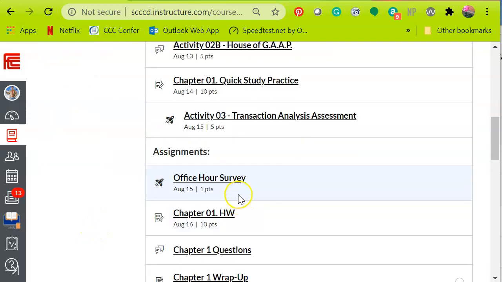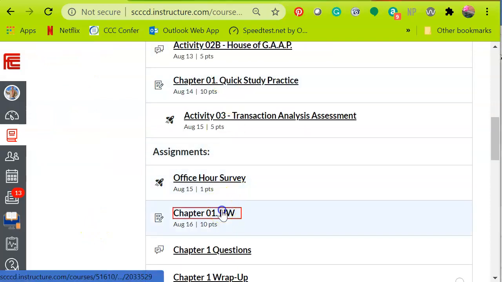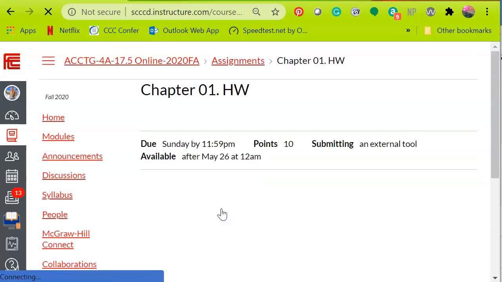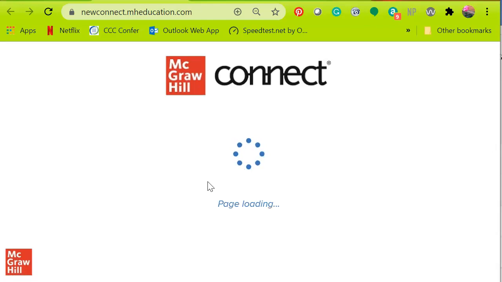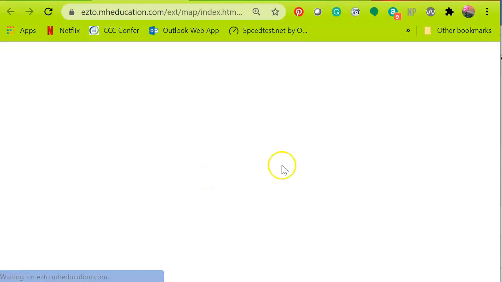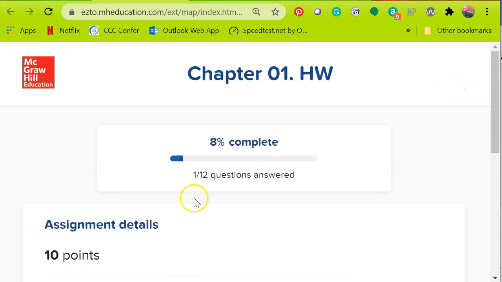Now we're going to go back down to Chapter 1 homework. Let's do it, and it's going to launch the problem in the Connect system. It's taking you to a new tab. Keep in mind, I worked on this problem earlier in the session, so I did not submit it, I just saved it for later.